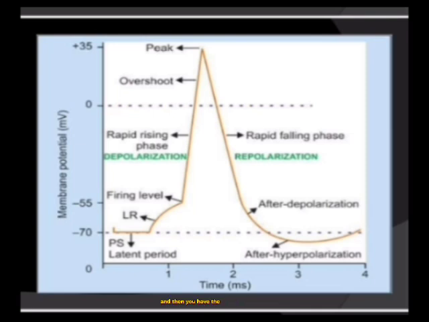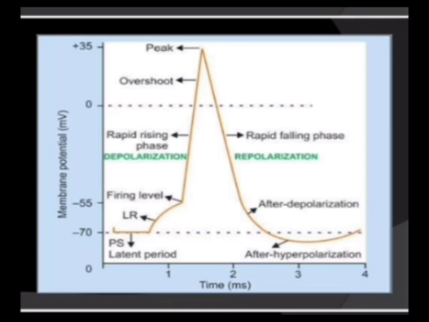And the third is the sodium potassium ATP pump. These pumps enable the flow of ions into and out of the cell, and they bring about depolarization and repolarization of cells.